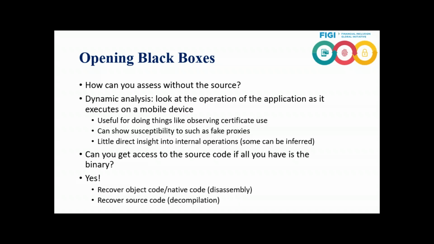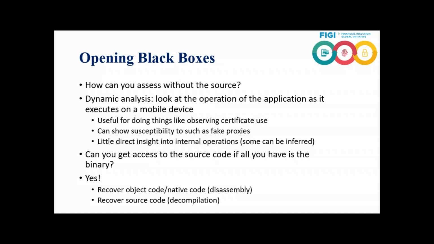The problem with working without the source is that you get little direct insight into what's actually going on inside the application. Some of the activity can be inferred because you can effectively take some guesses based on the functionality that you're observing. You can make some determinations, but without the code, you don't exactly know what's going on.